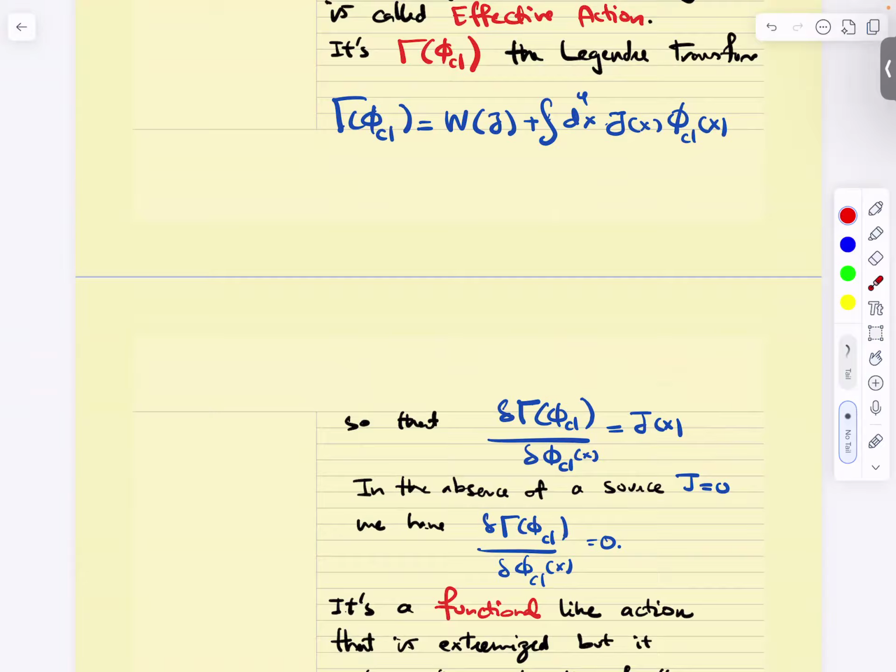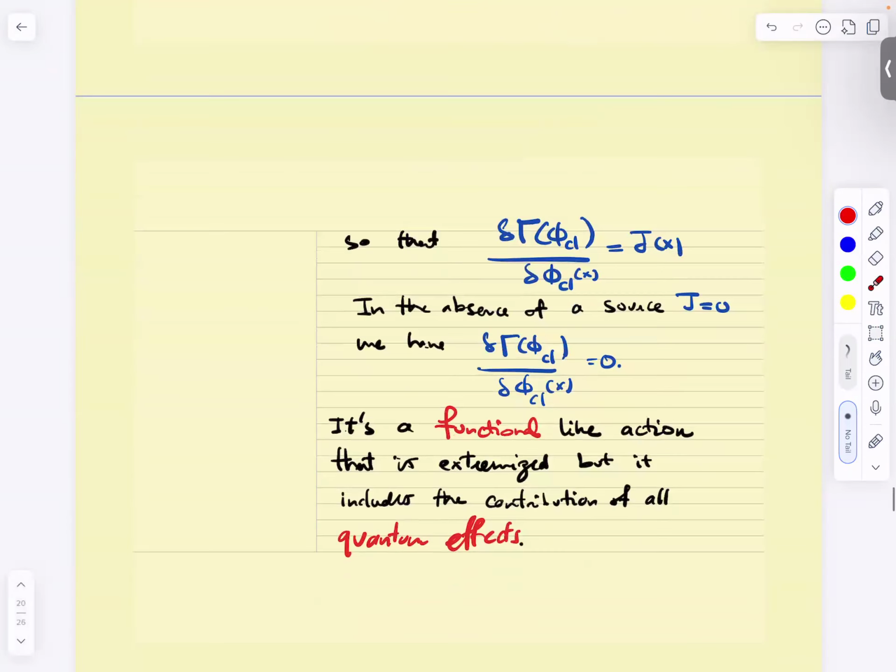In the absence of a source, this derivative is 0. Right? But now what is important is that because we did the path integral, this contains all quantum effects. Good? So you want to calculate some strongly coupled quantum field theory, and you want somebody to describe to you all the correlation functions of that.